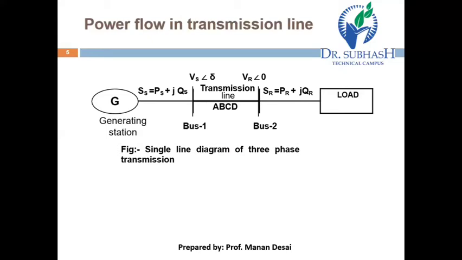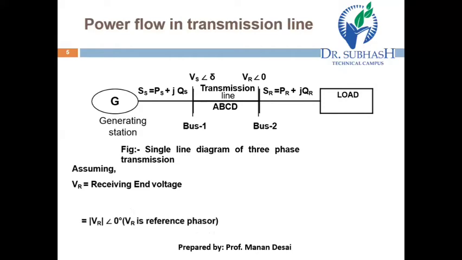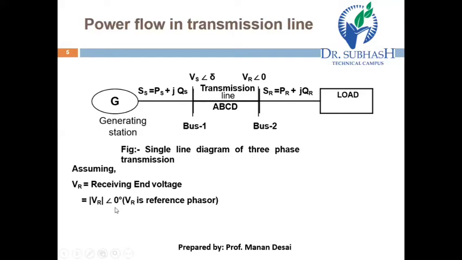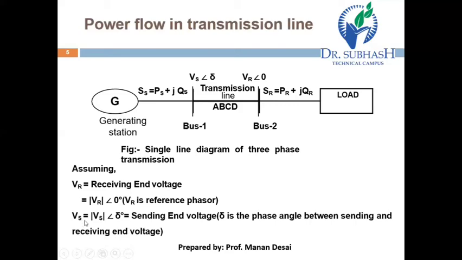Now, from this figure, we can assume VR is the receiving end voltage. It is a reference phasor, so it is at zero angle. VS is equal to VS at the delta angle. It is the phase angle between sending end and receiving end voltage.